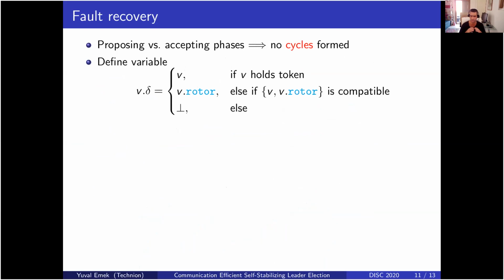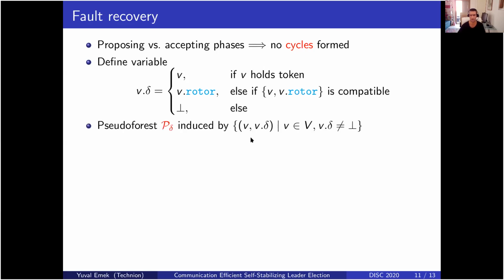For the sake of the analysis, we introduce a variable called V delta, defined to be V itself if V holds a token, the V rotor neighbor if the edge between V and V rotor is compatible and V does not hold the token, and bottom otherwise.